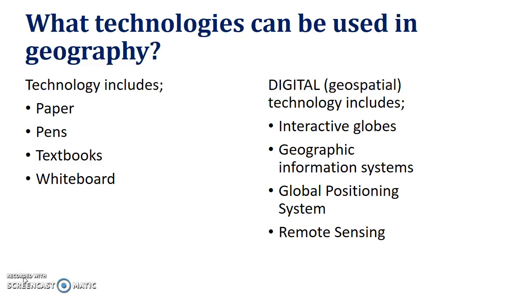When considering the best technology to match our content and our pedagogy, we need to think about the types of technologies out there. Any form of resource we use in the classroom is a technology, be it paper and pen or laptops and iPads. Specifically here, I'm talking about digital technologies, and even more specifically, geospatial technologies.